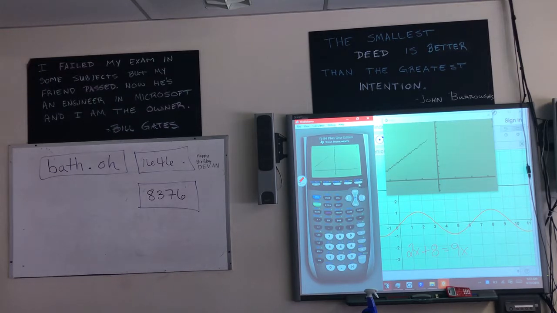Go back to graph. Okay, and I'm kind of right on the edge there, right? So maybe I go back to window again and I make it 13. And I hit graph.